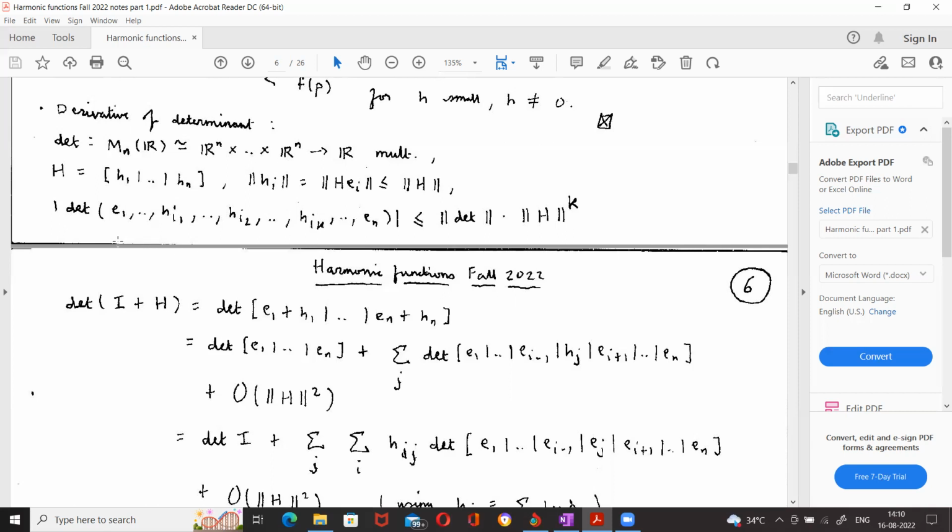The norms of the Ei's are 1. The norms of the H_ij's are less than or equal to norm H. So the whole thing is less than the norm of the determinant into norm of H to the power k.